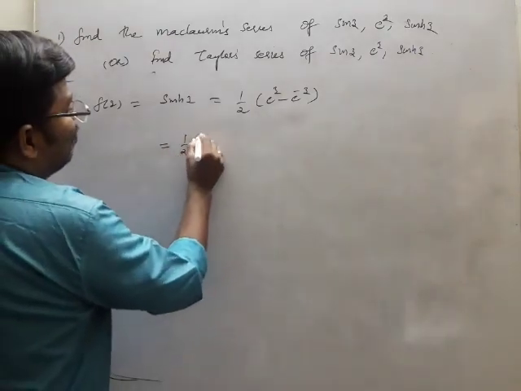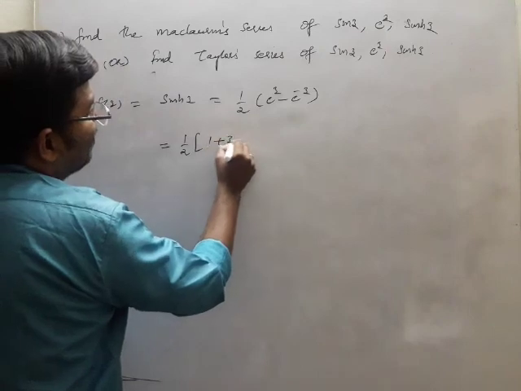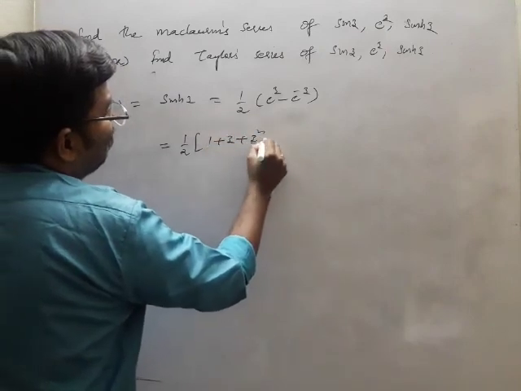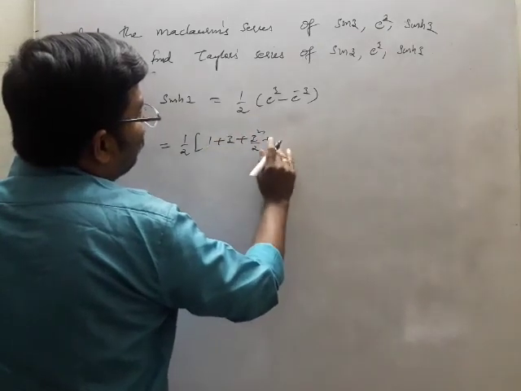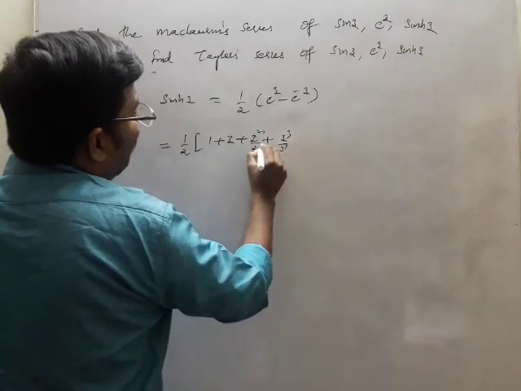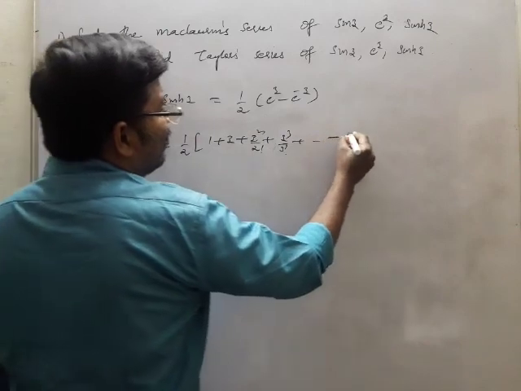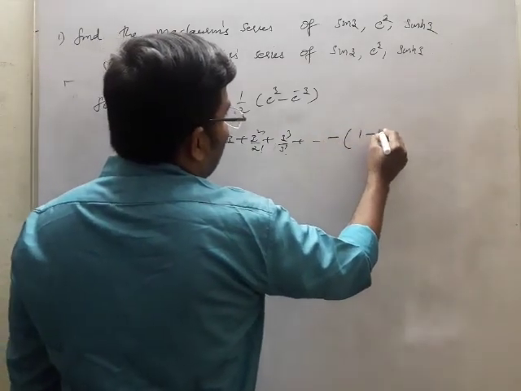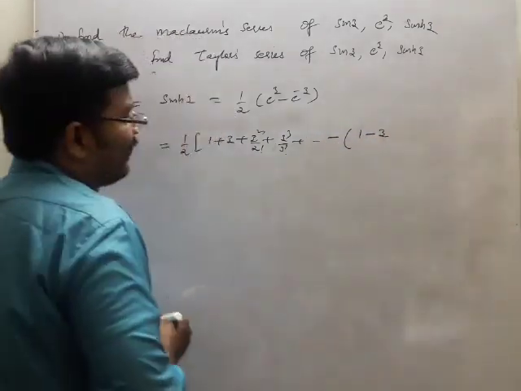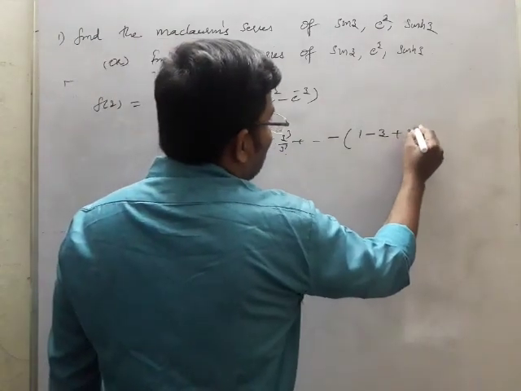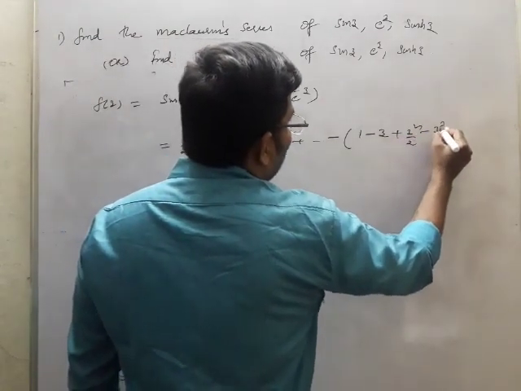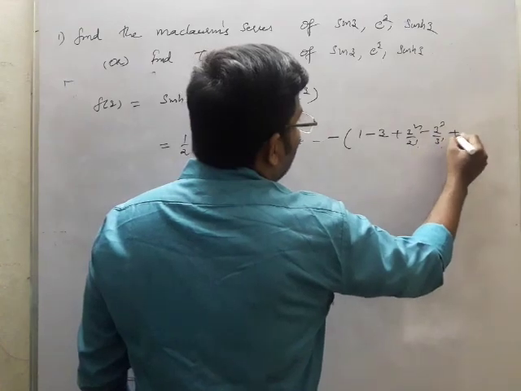This is 1 by 2 e power z, so 1 plus z plus z square by 2 factorial plus z cube by 3 factorial plus and so on, minus e power minus z, which is 1 minus z plus z square by 2 factorial minus z cube by 3 factorial plus and so on.